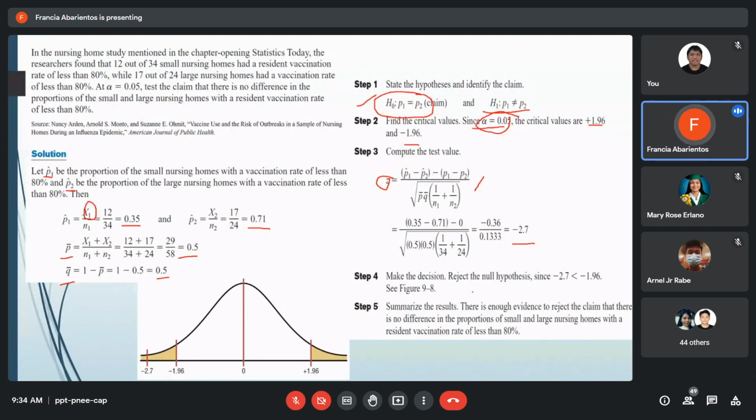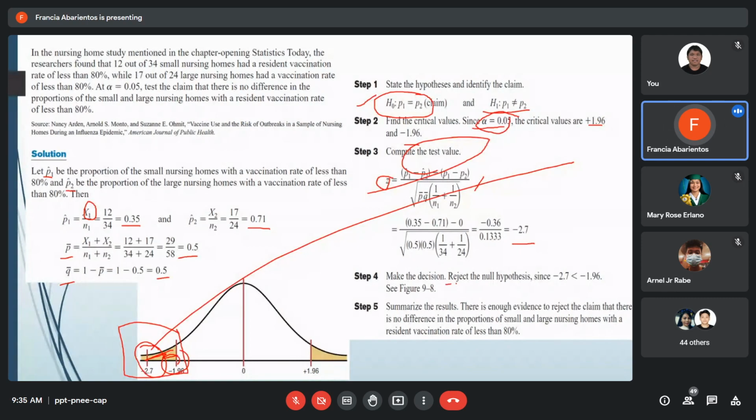So, we make the decision. We always reject the null hypothesis. Why? Because ito class. Since the critical value is negative 1.96 and it falls under the rejection region, we reject, now yung negative 2.7 natin, na-compute natin, or the test value pala. Ito class, test value natin.